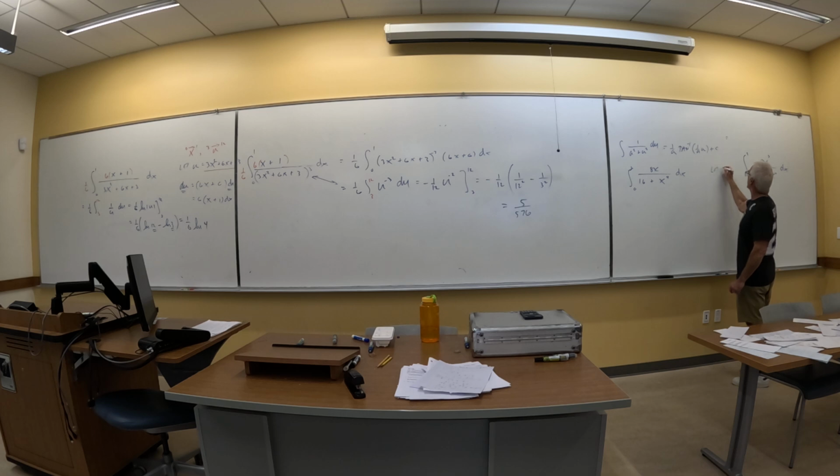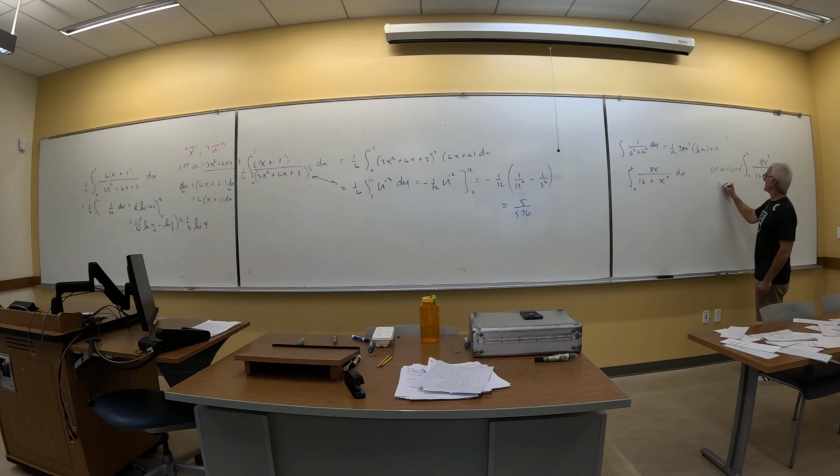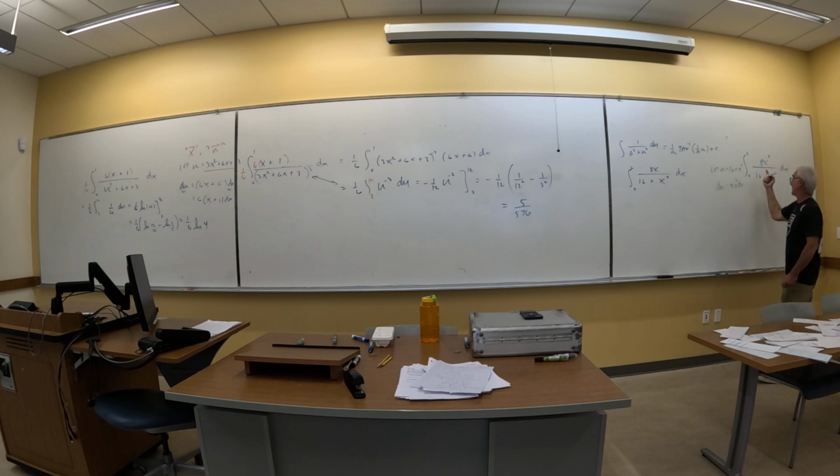So here, what am I going to call my u? 16 plus x to the 4th, the whole denominator, correct? And if I do that, then what's my du? 4x cubed dx. Do I have that? Heck, I have twice that much. Is that a good thing?